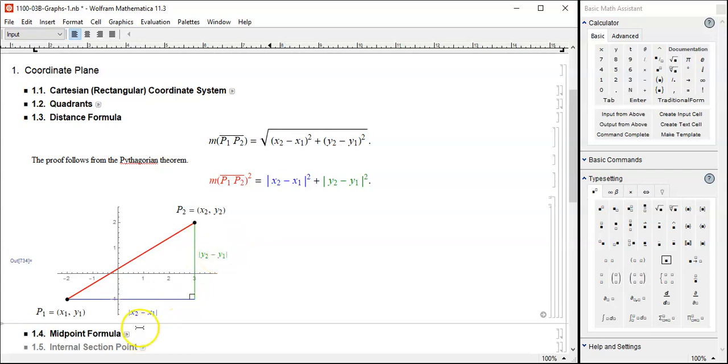And what's horizontal? The difference of x coordinate, x2 minus x1 in absolute value. But we don't have to take absolute value because we are going to square it anyway, and square makes everything positive anyway. Same goes for y2 minus y1 in absolute value.